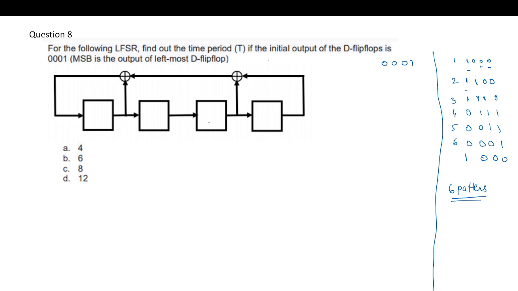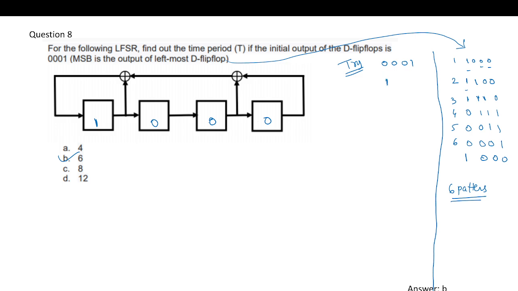This is how it is given in the question. MSB is the leftmost D flip-flop. This is my left, so this will be the initial condition. Now we will try this. These are 1 0 1. So the answer is 6. Let's also try if we had considered it this way. So 1 and 0 is 1.